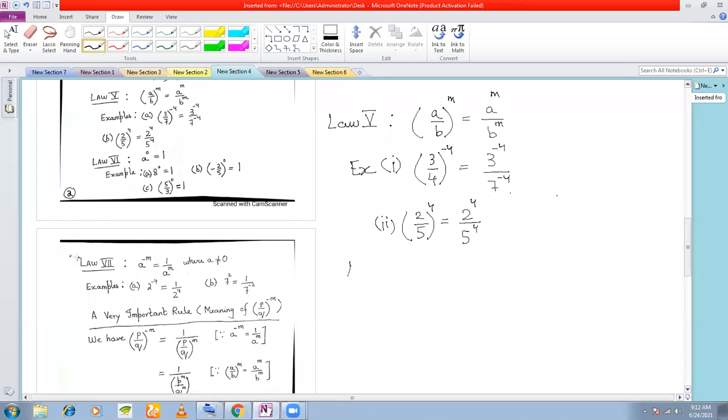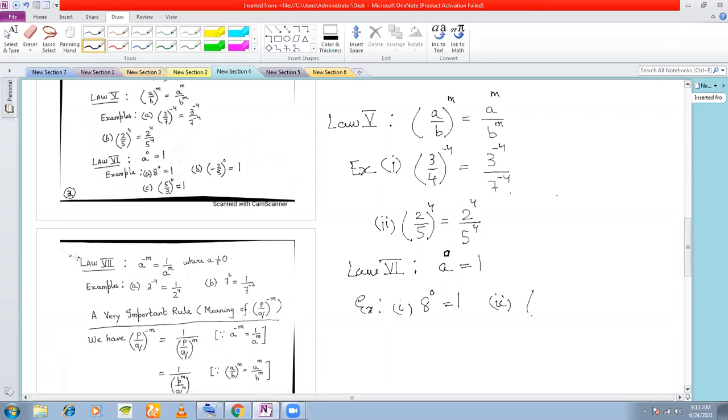Okay. And finally, law 6, a very simple law, that any rational number, remember, not an irrational number, any rational number or any fraction, you can remember this in this way, any fraction raised to the power of 0 will always give you a 1. So you can have 8 to the power of 0 as 1, because 8 is also a fraction, right? 8 by 1.